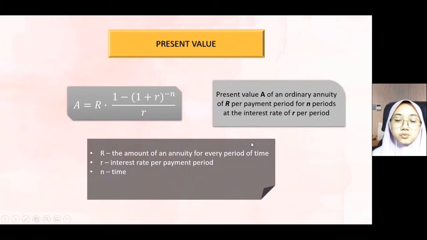Okay, next we will go with present value. Present value and future value concepts are very related to the annuity topic. There will be four cases presented in this topic, because there are two types of concepts related to annuity, and two types of annuity cases, which are ordinary annuity and annuity due.